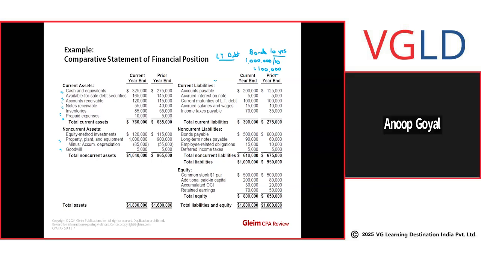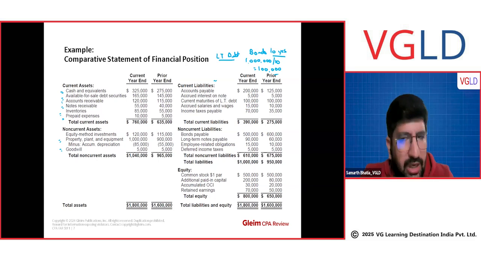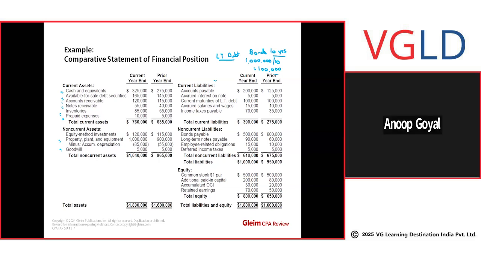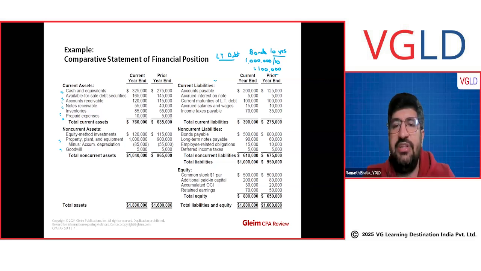But what is this employee related obligation and how is it part of non-current liability? See, employee related obligations is mainly like, in India, the provident fund. The provident fund is deducted and deposited with the government.